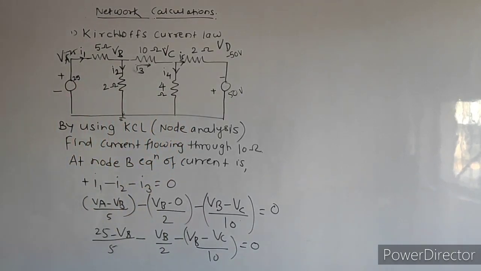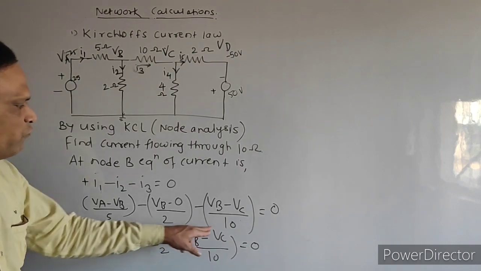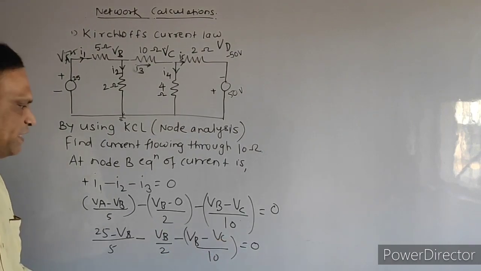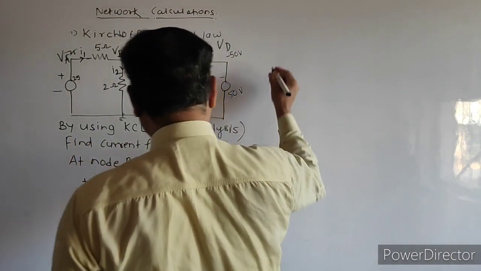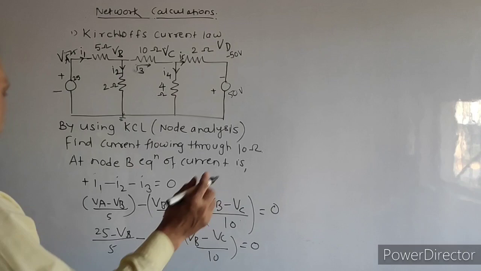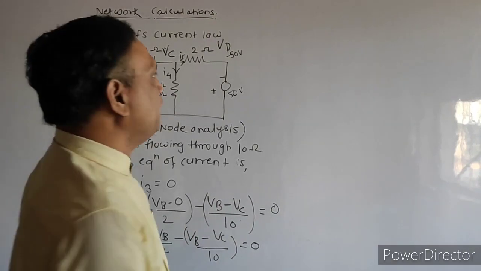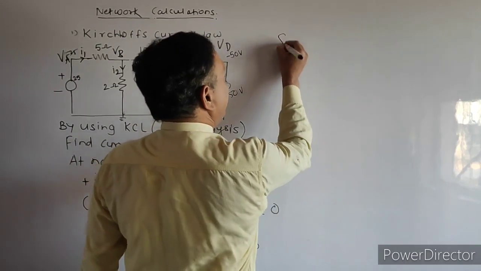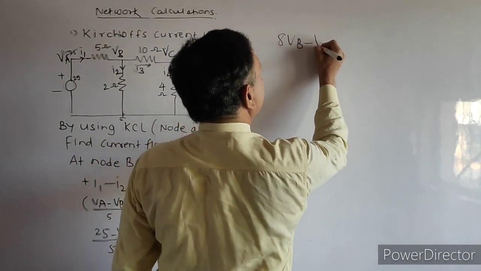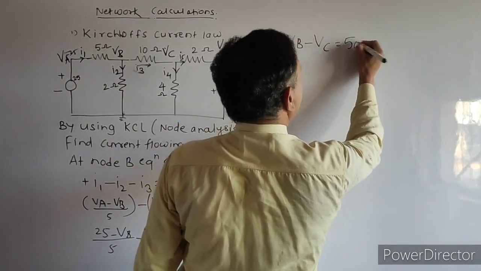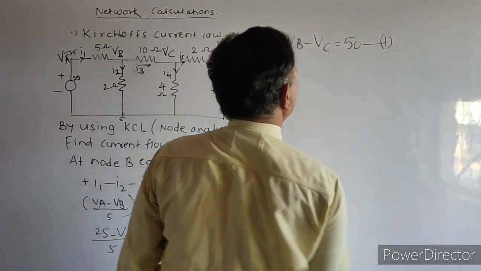This is equal to 0. Now definitely we are going to get the equation in terms of VB and VC. If you simplify this equation, you will get 8 VB minus VC is equal to 50. Let us call this equation as 1.